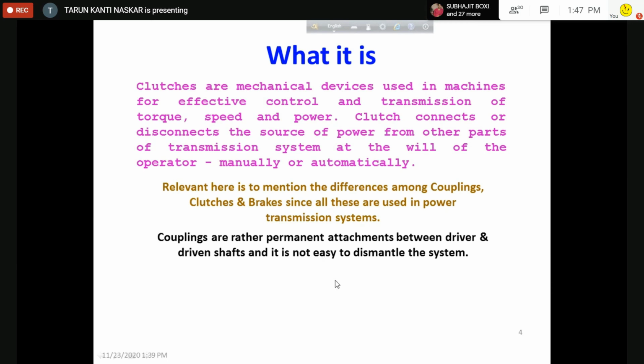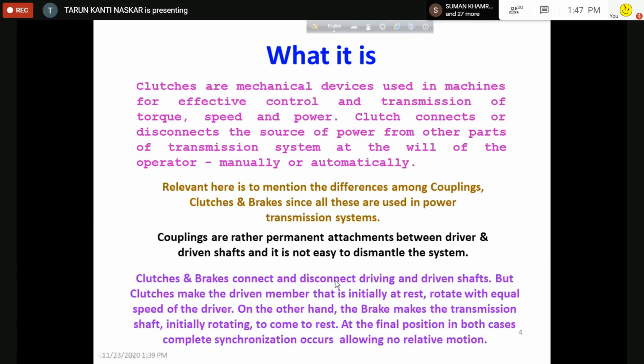But the clutch and brake, you can use it while it is in operation at the will of the operator. Now what is the difference between the clutch and brake? A brake can do only one thing, that is it can only make it stop, or it can slow down the speed.